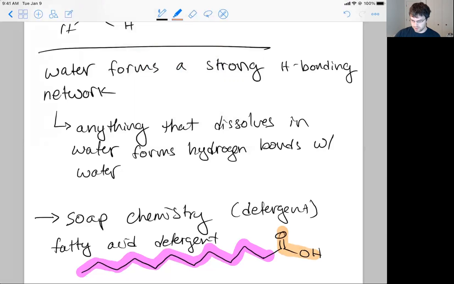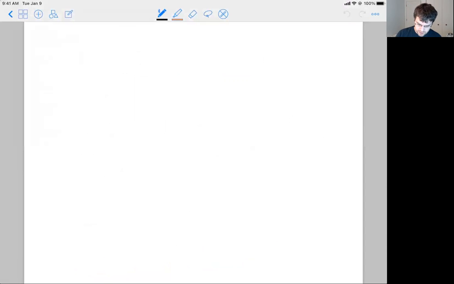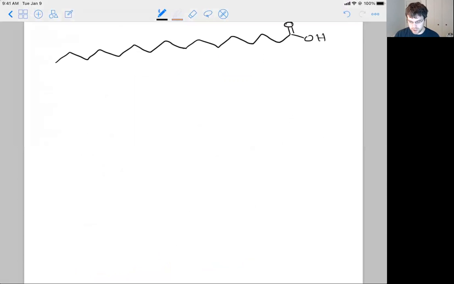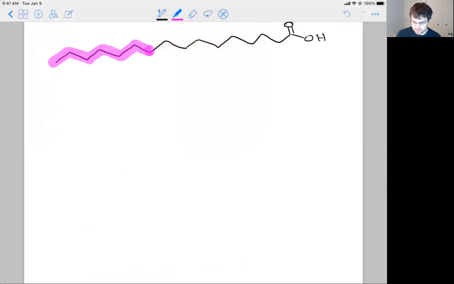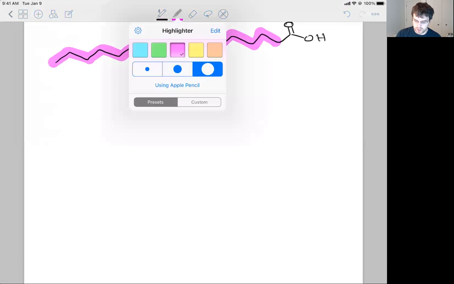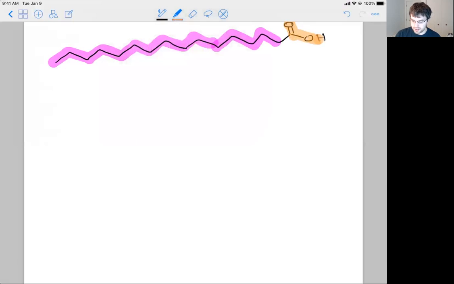Let's look at how it works. If I just redraw that structure, and again, today is not the day where you worry about recreating the perfect number of carbon atoms. It's just a long chain of carbons, and we're going to pick on one without any branch points. But I'm using two colors to indicate the two regions of our fatty acid detergent.